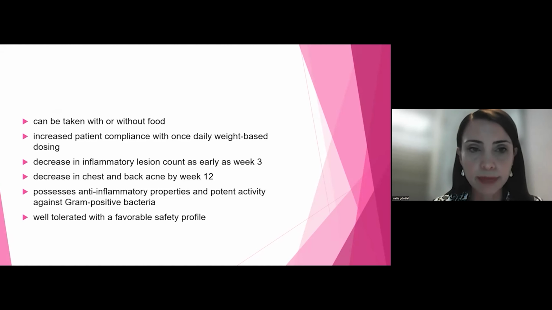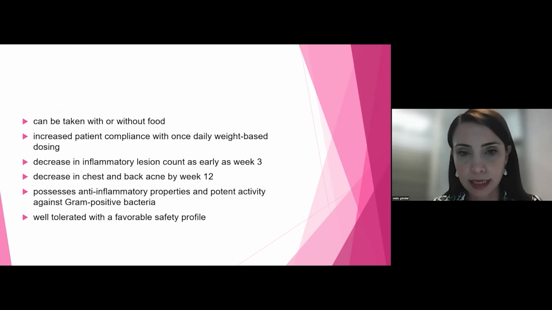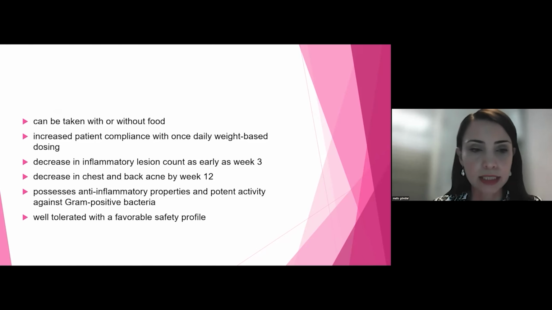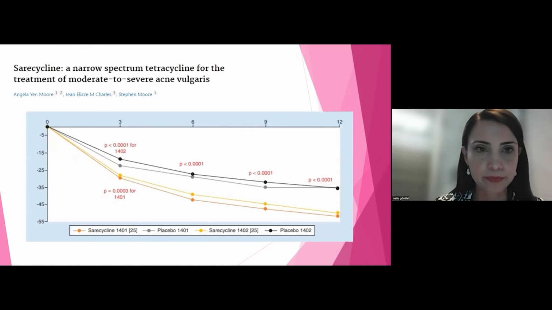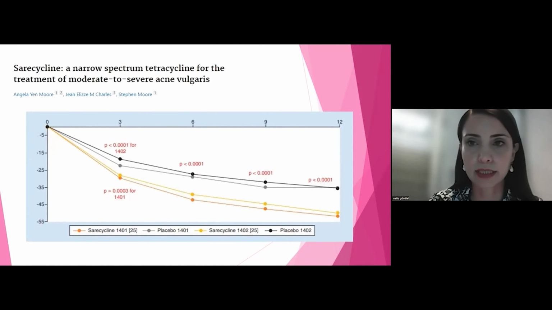It increases patient compliance with once daily weight-based dosing and decreases inflammatory lesion count as early as at week 3. It decreases chest and back acne by week 12. It possesses anti-inflammatory properties and potent activity against gram-positive bacteria and is well tolerated with a favorable safety profile. Here we can see another clinical trial.